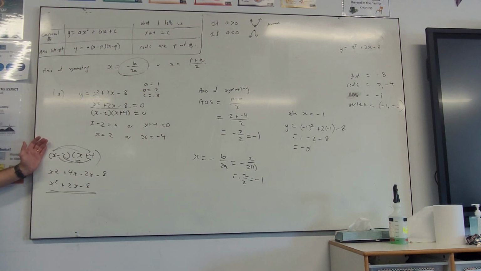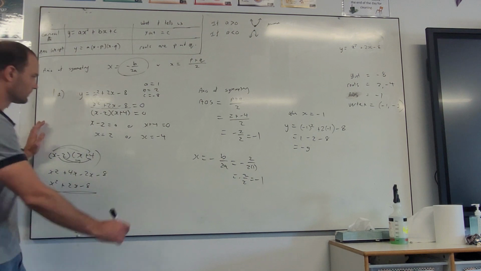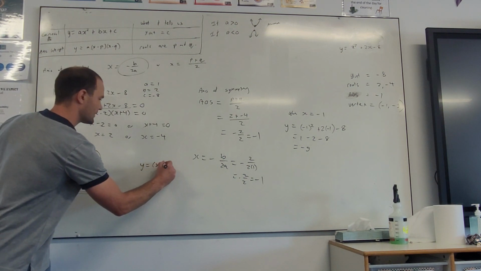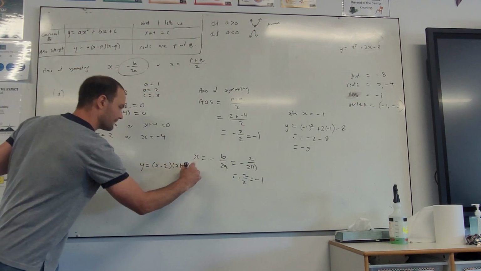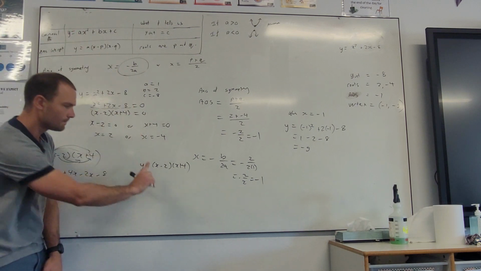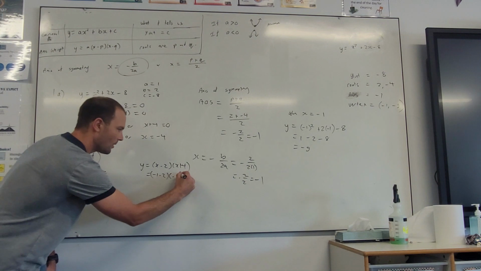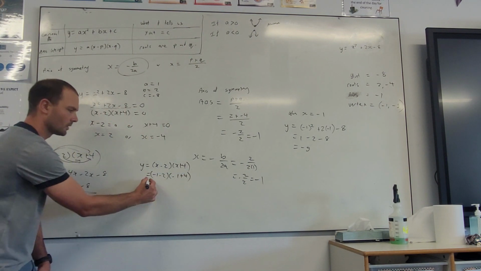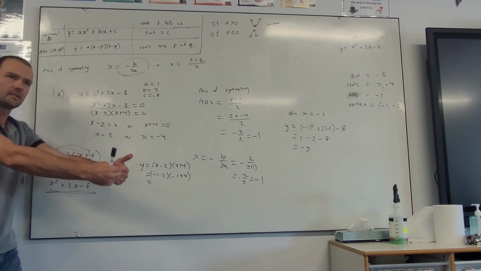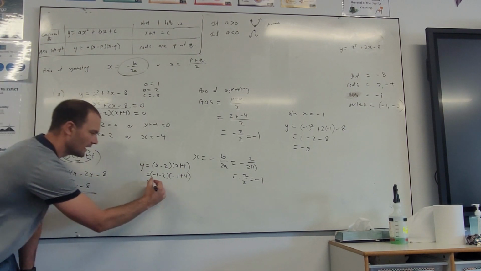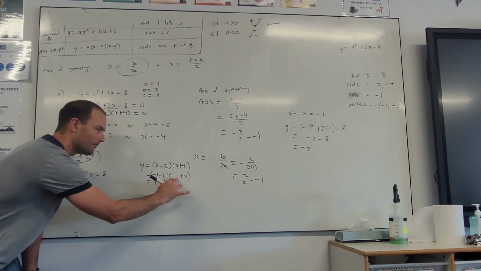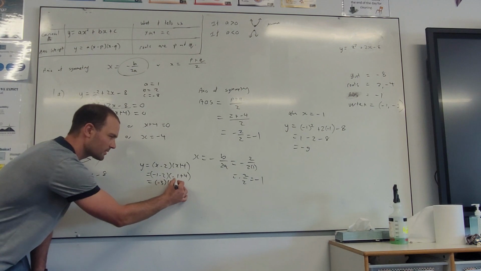Let me show you quickly. Remember, we have y equals x take 2 times x plus 4. That's it factorized. If I put x is minus 1 there, I'm going to have minus 1 take 2, minus 1 plus 4. Minus 1 take away 2, that's minus 3. And here, minus 1 plus 4, that's positive 3.